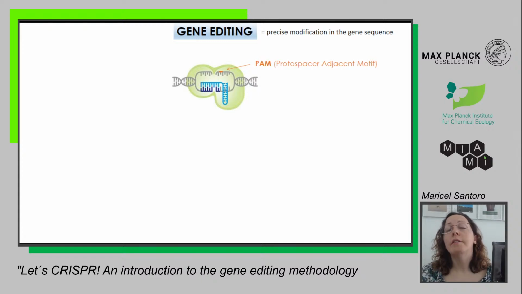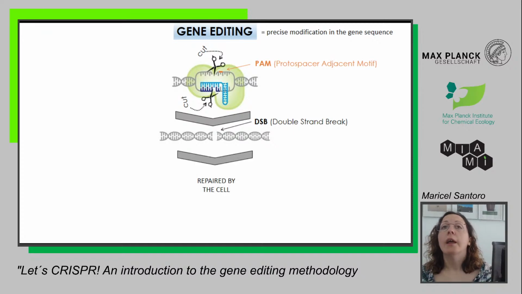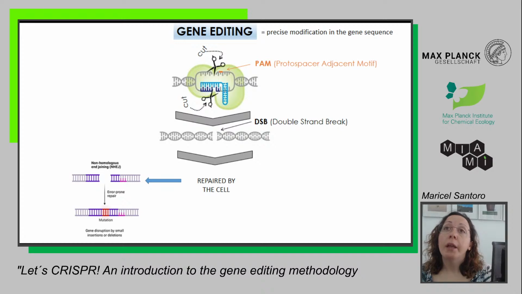It is the only sequence recognized by the enzyme. Once they are in the correct place, there is the cut. These scissors cut both strands of the DNA, generating a double-strand break. This double-strand break is toxic for the cells because there is an interruption in our DNA sequence, so the cells have to repair it. And it's repaired by two main mechanisms, one of which is a random repair mechanism.